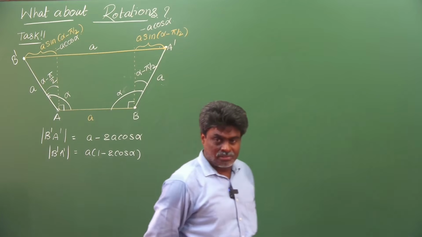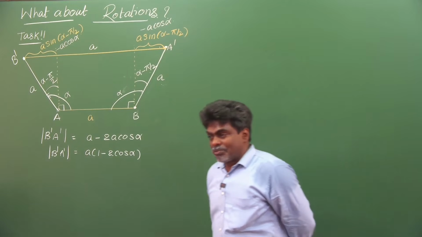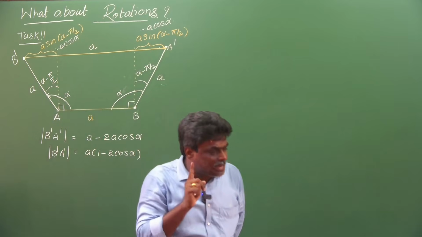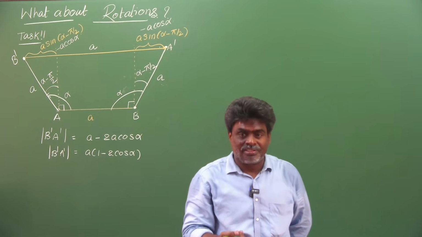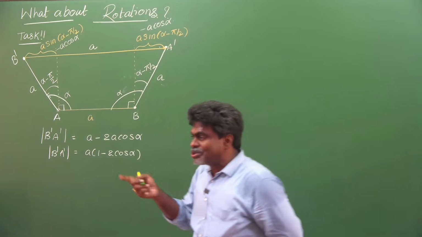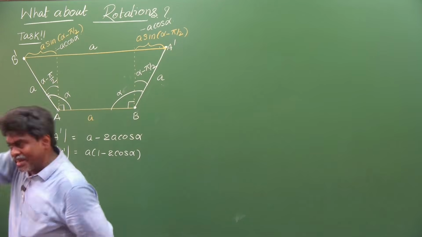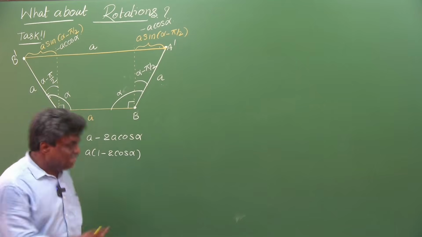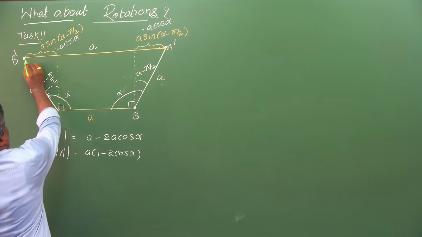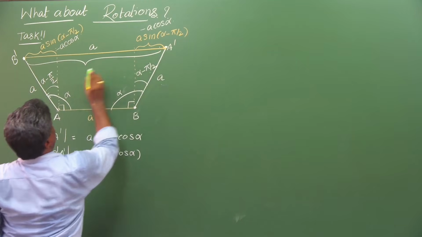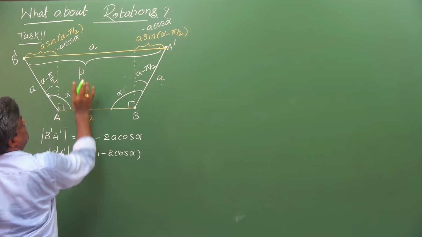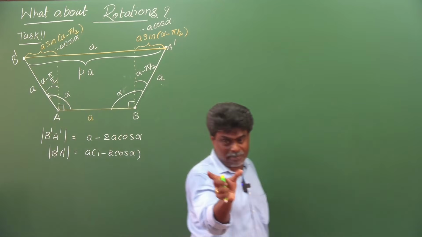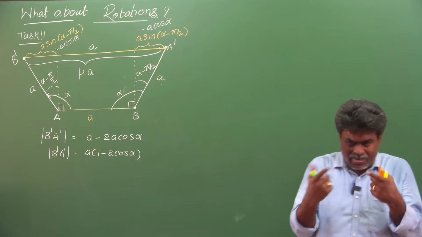Okay. Now let us suppose this A prime and B prime are also valid lattice points. That means those points are also obtained by translation vector. Say yes or no? Then definitely this entire magnitude must be an integer times A. I said A is the lattice parameter.